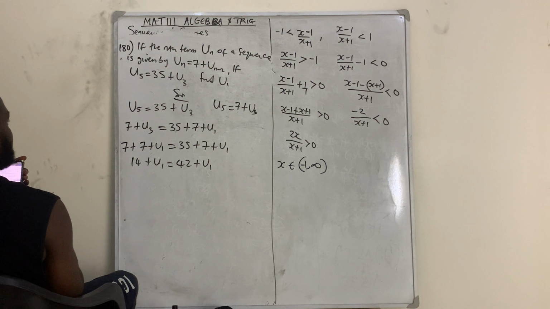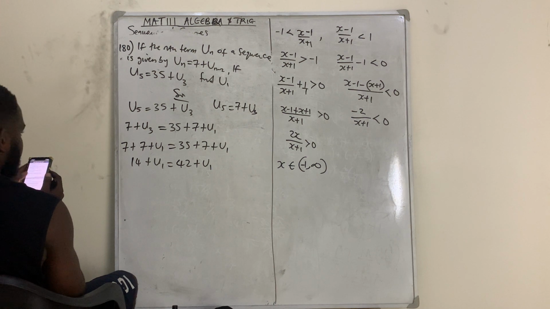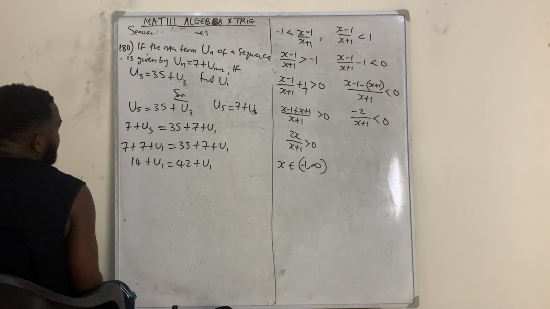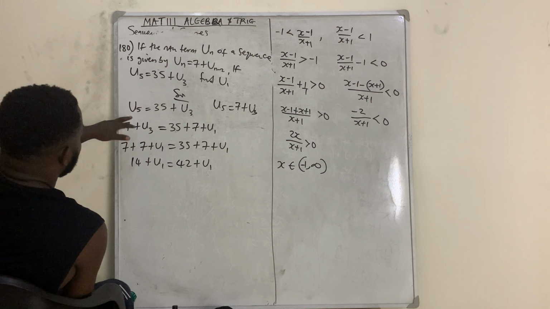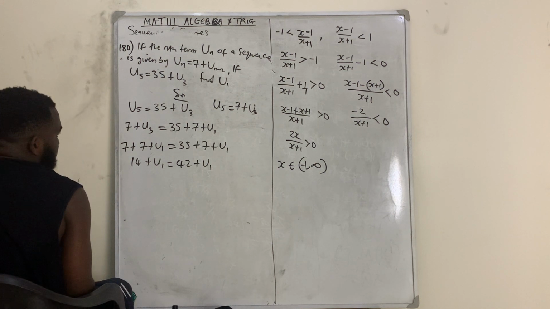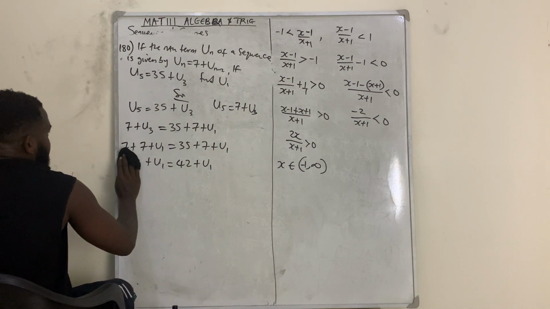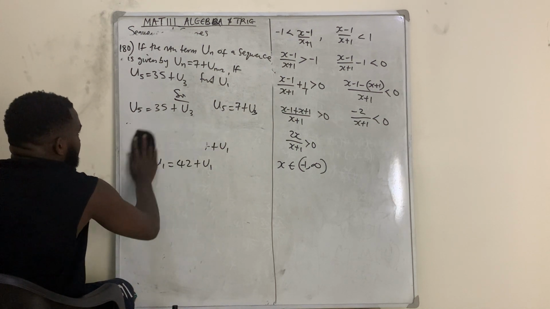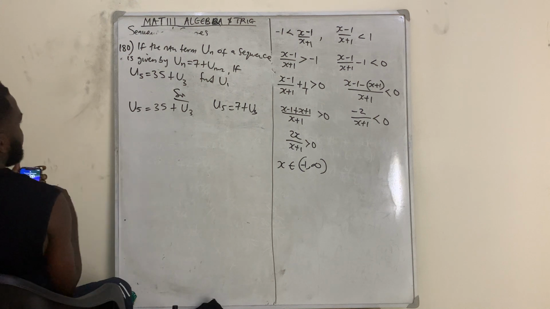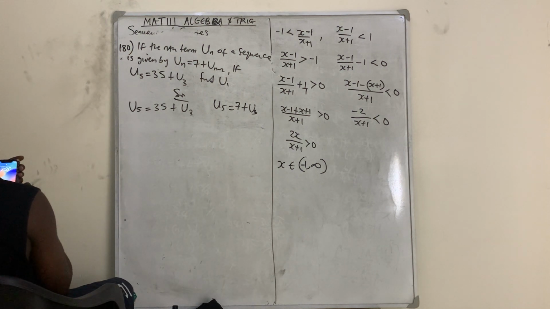So there is no way you can get u1. Even if we decide to do it another way, watch. From what they gave us, u5 is equal to 35 plus u3.